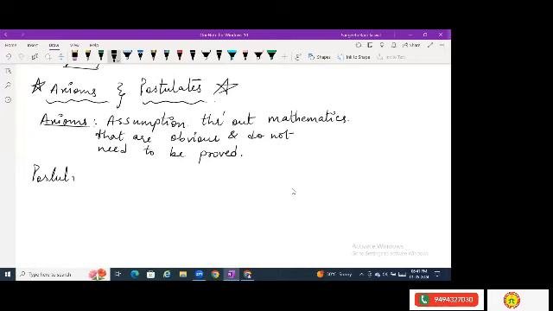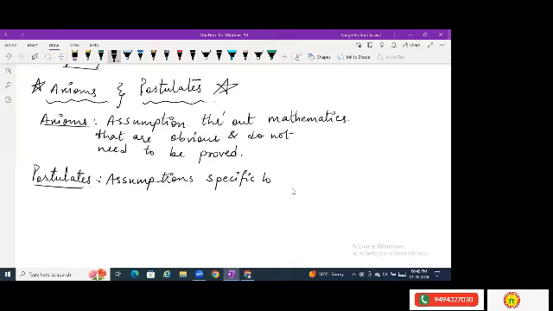Now postulates. First write down, I'll give you examples of this. Postulates are again assumptions. Postulates are also assumptions which are specific to geometry. Assumptions specific to geometry. Here it was said axioms were assumptions throughout mathematics, but postulates are assumptions which are very specific to geometry only.